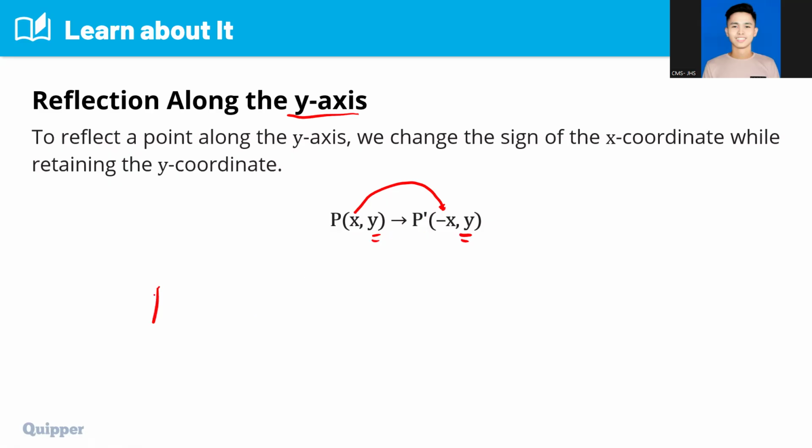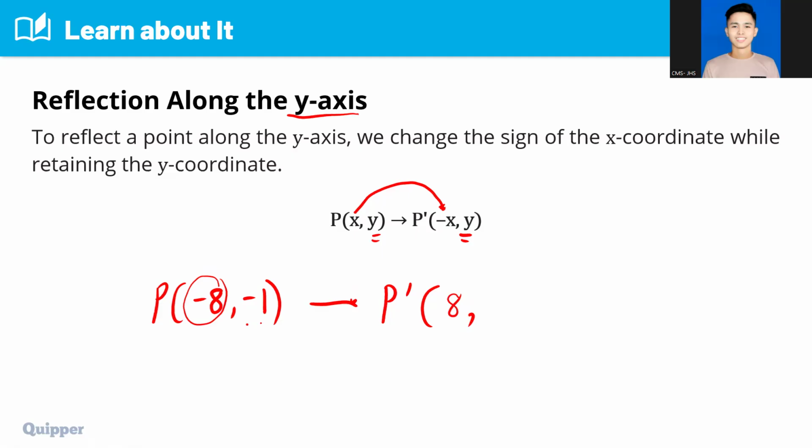Very simple. For example, if you have (negative 8, negative 1), the reflected coordinates of the point as it is reflected along the y-axis will become P prime. We flip the sign of the x-coordinate, so from negative it will become positive 8.